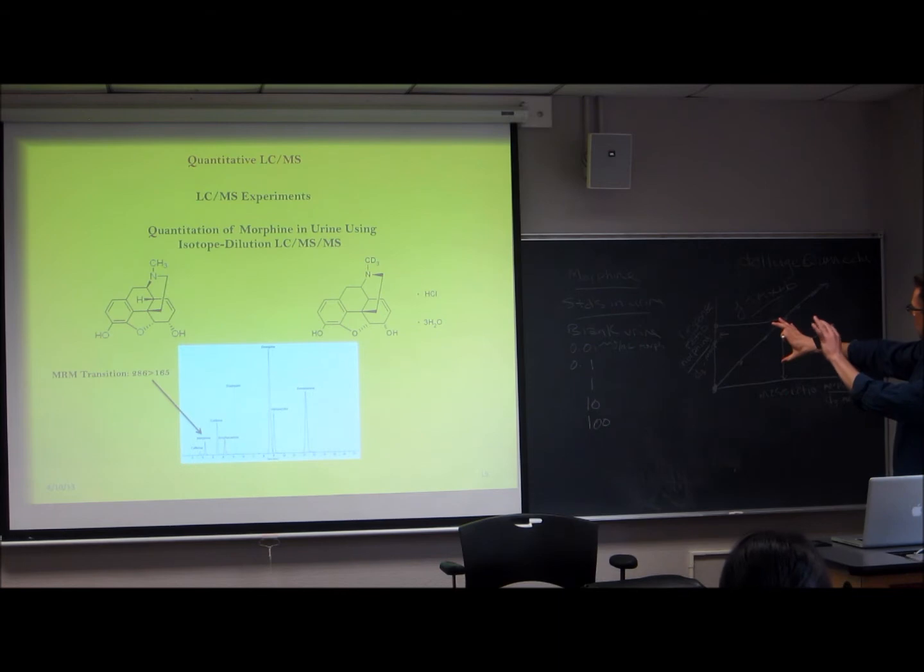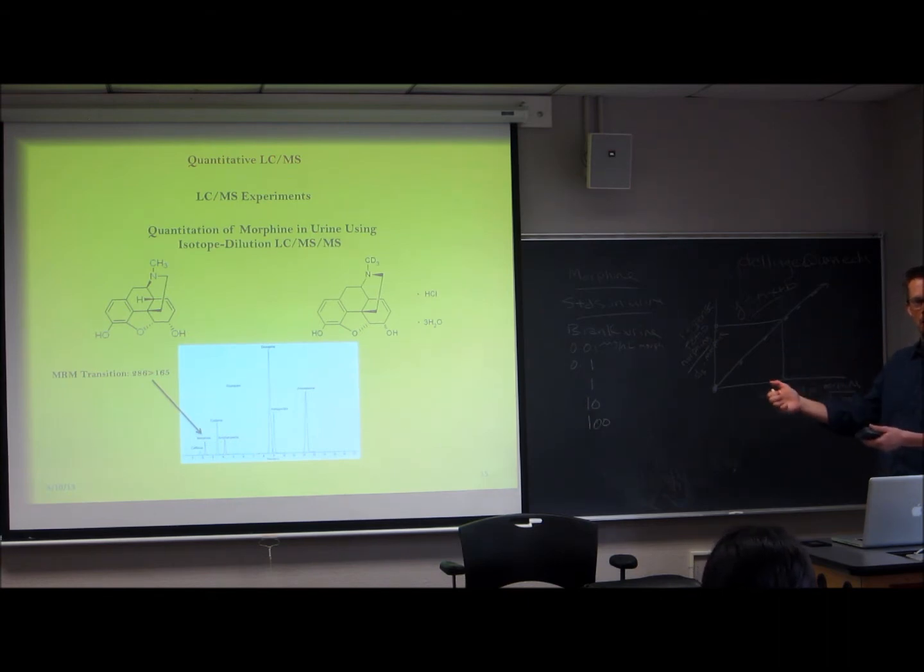So then we get this. We're measuring response ratio versus mass ratio. Now, in our samples, we're taking the raw sample, we're spiking in a known amount, a precisely known amount of internal standard to every one of our samples. So we know the mass of D3 morphine.